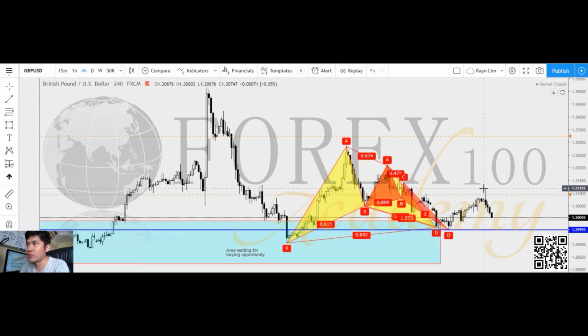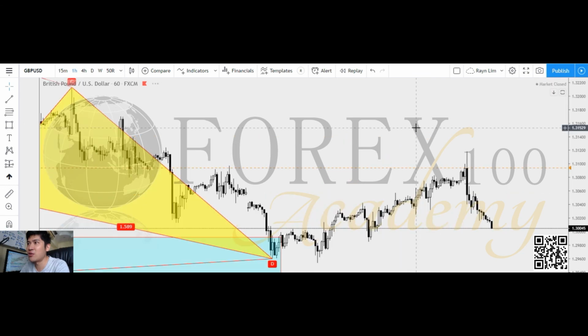If you managed to buy here, congratulations. I did, and I managed to exit over here because I read the candlestick chart. Right now, I'm waiting for a second chance entry to buy it up again. I'm waiting for a buying opportunity, and I'll see closely how the market reacts at 1.2955.